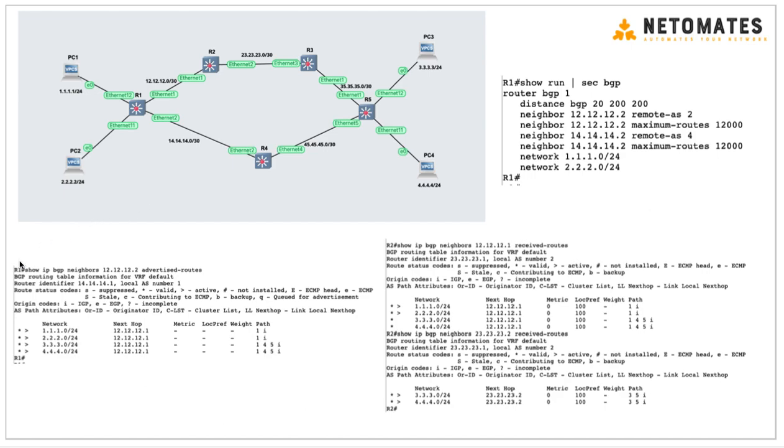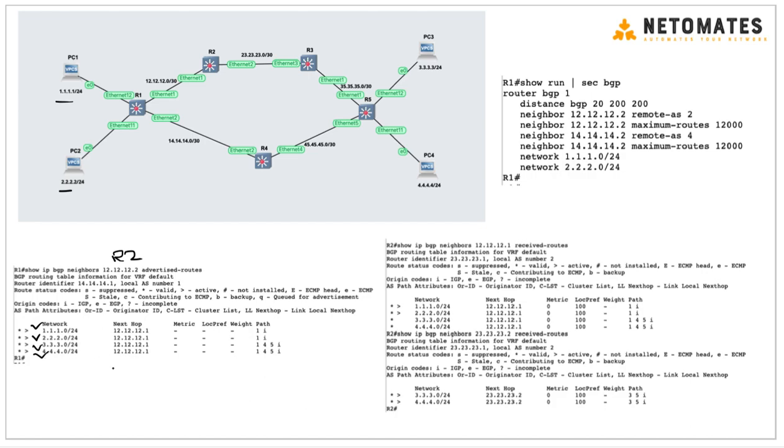So let's verify how the routes are advertised from R1. On R1, I issued the command show IP BGP neighbor, and the neighbor IP here I am giving R2, and I am asking what are the routes I am advertising. Based on the configuration, we should expect to see the 1 and 2 networks. We can see them, but also you can see 3 and 4.